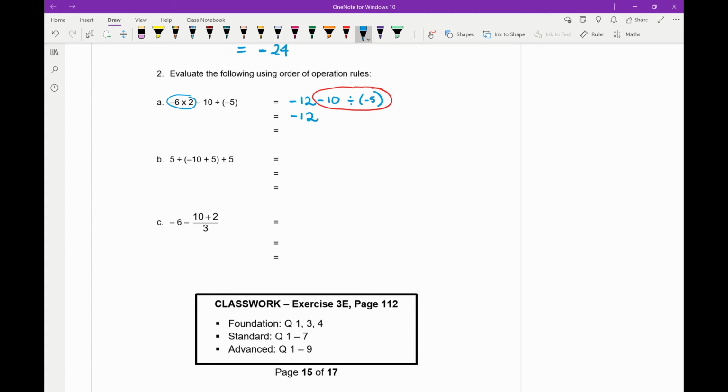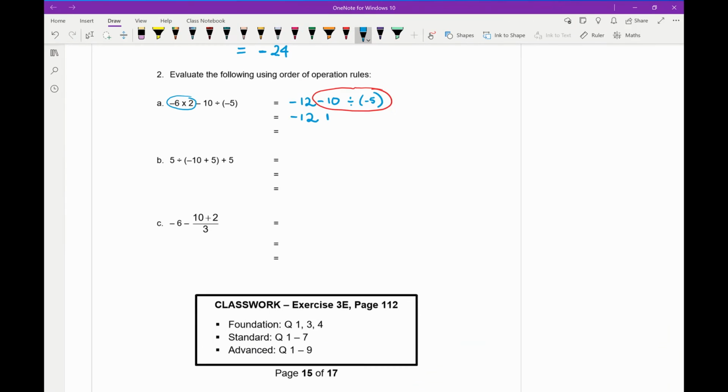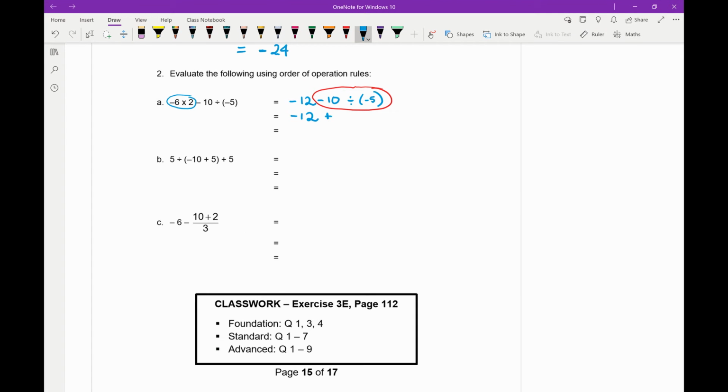When we divide, we need to look at the signs of the two numbers. We have a -10 and we have a -5. Two negatives when we divide are going to become a positive, so we need a plus sign. Whoops, plus sign, must have bumped something there. And we divide the numbers. 10 divided by 5 is 2.